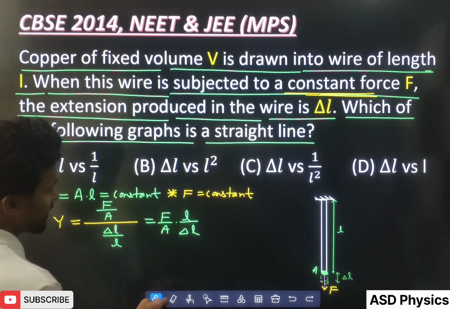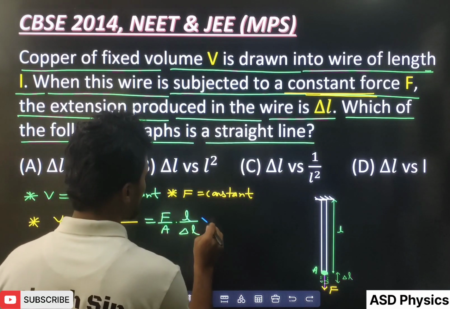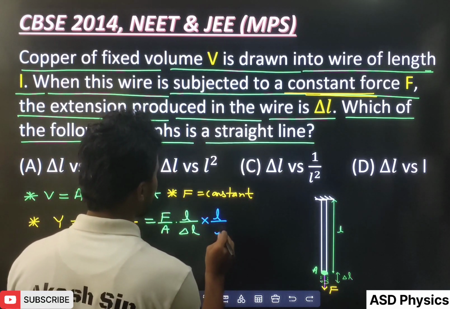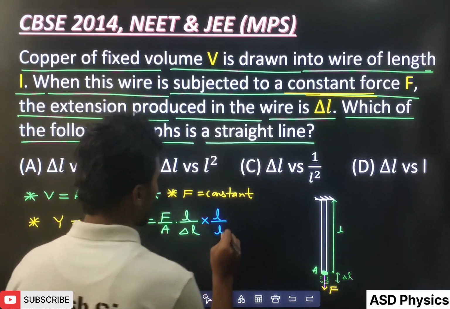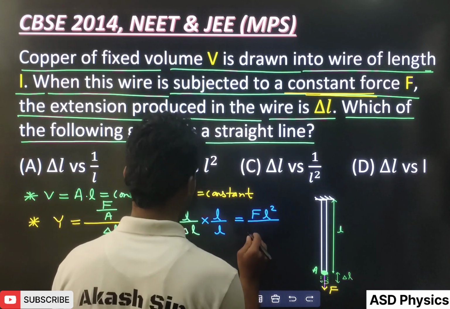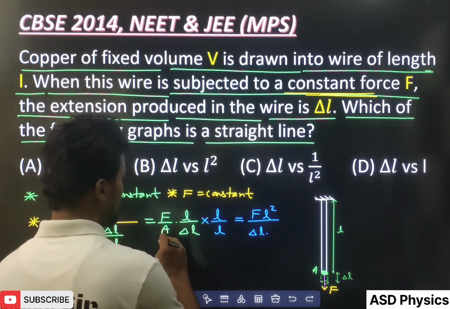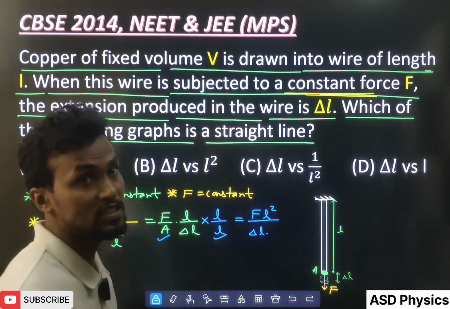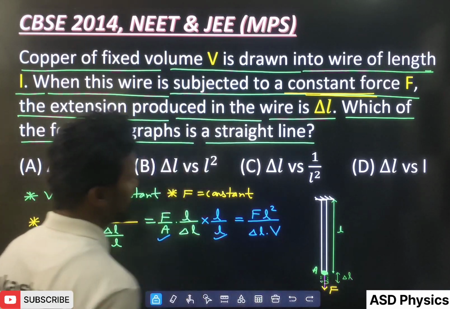But in the question they are talking in terms of volume. So how to get the volume? What I will do here is multiply numerator and denominator with L. So we can write here this will become FL square by A into L into delta L. What is A into L? That is the volume. I can write here delta L into V.